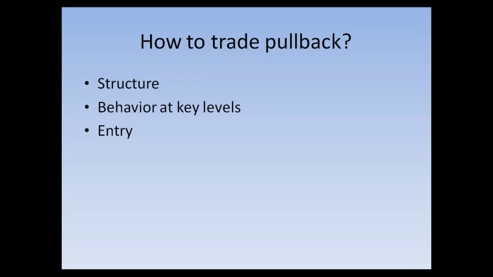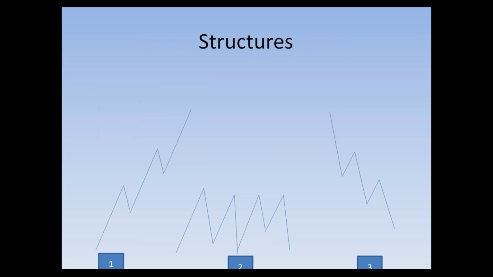The first is structure. The second is behavior of the price at key levels. The third is your entry. Okay, so let's talk about the structure. There are three types of structure in this market. The number one is uptrend. Second is a sideways movement.